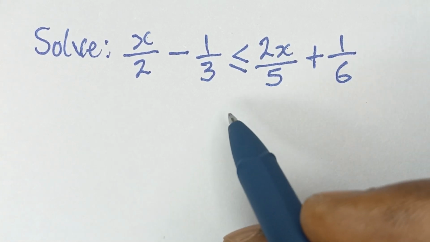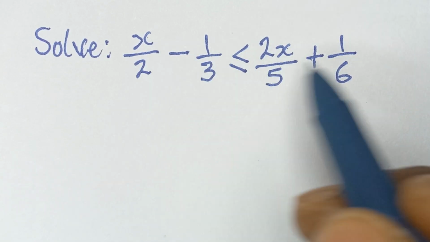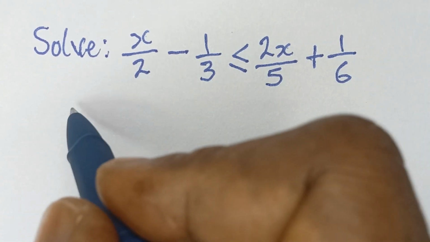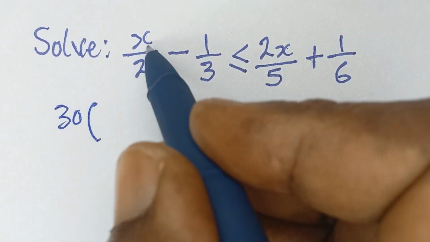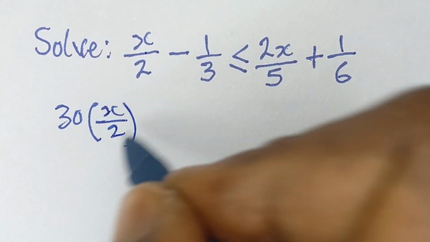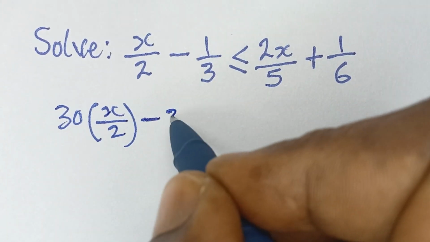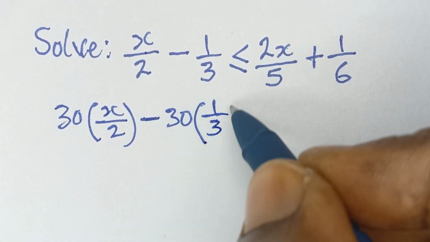Now that we have that common denominator, we're going to use it to multiply each term there. So it's going to be 30, which is the LCM, multiplied by the first value here, x over 2, and then minus 30 multiplied by 1 over 3.